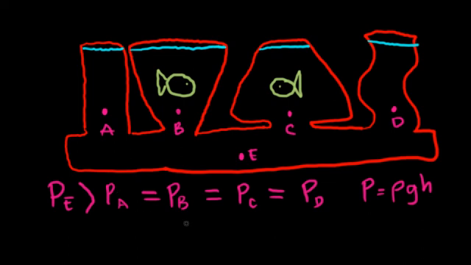It's greater than A, B, C, and D, because point E is deeper. It has more depth than the other three. Let's name another point, point G. How would we compare the pressure here? The pressure here is now smaller.